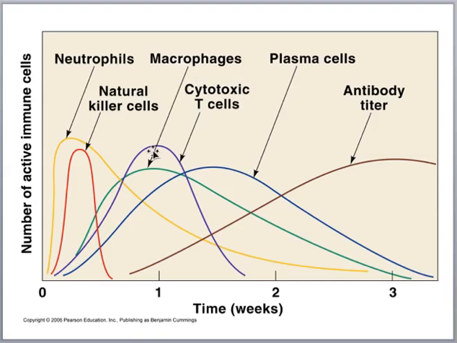Of course, macrophages are important in your specific defense too. And then there's your cytotoxic T cells, this purple, and then we're starting to see our plasma cells, and they're going to be secreting antibodies. That's showing you your antibody titer. So all of these forms of immunity are going on, and they just happen in a slightly different time frame. The nonspecific goes first, and then we've got the specific immunity happening.